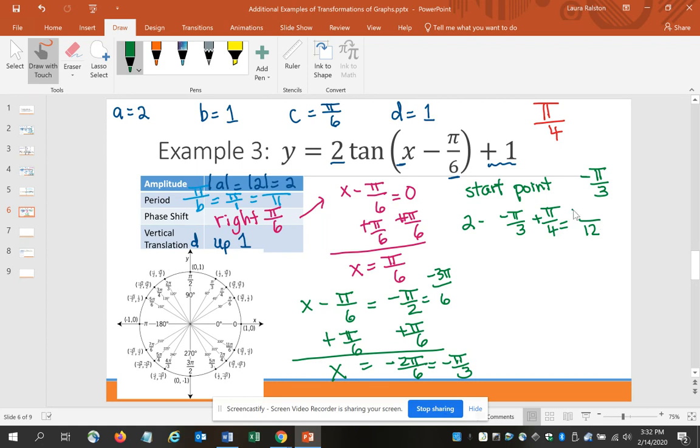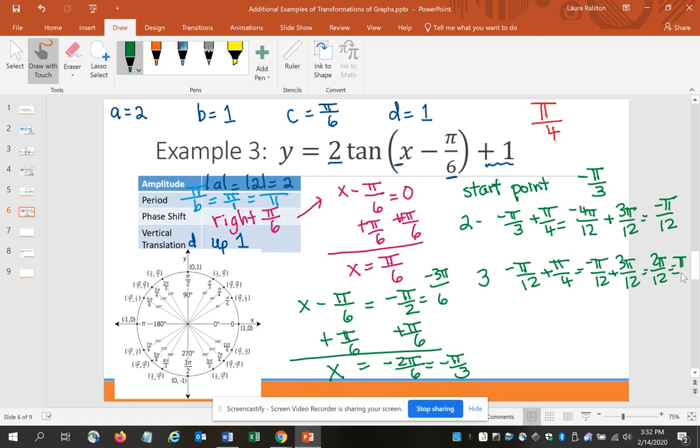So we would have negative 4 pi twelfths plus 3 pi twelfths, which is negative pi twelfths. To get the next point, we have to do negative pi twelfths plus pi fourths. So that's negative pi twelfths plus 3 pi twelfths, which is 2 pi twelfths or pi sixth.